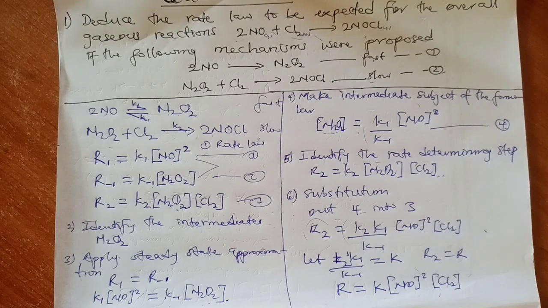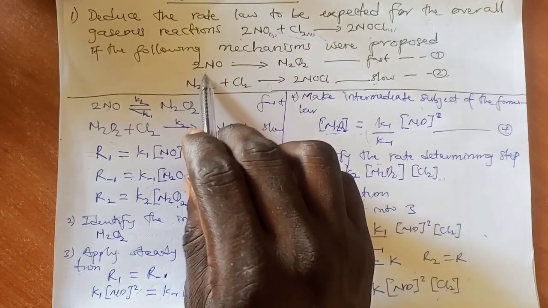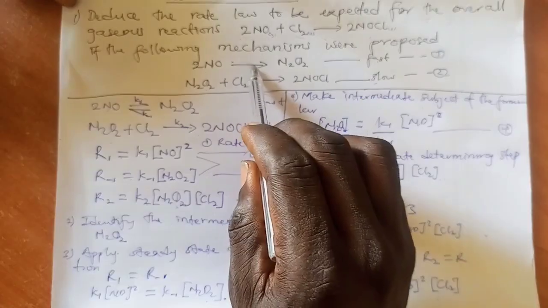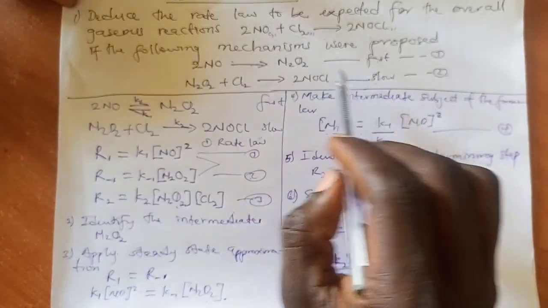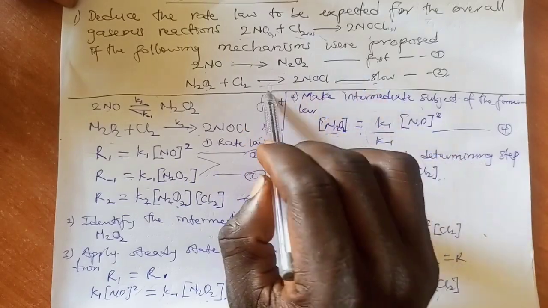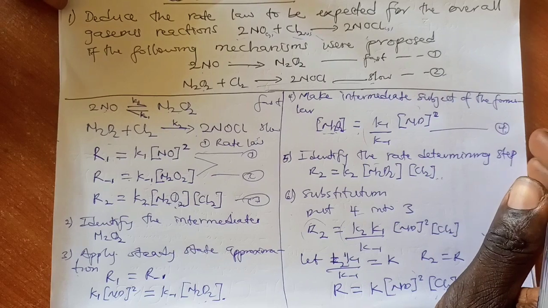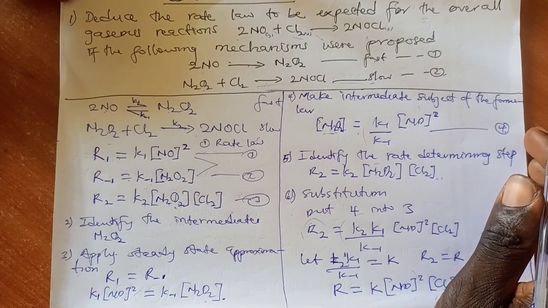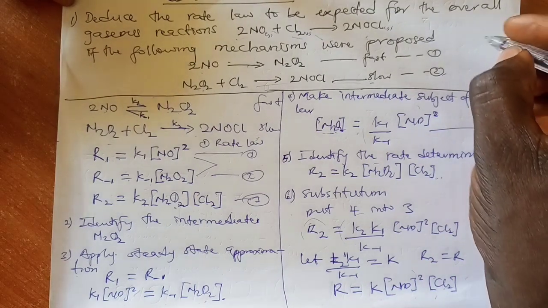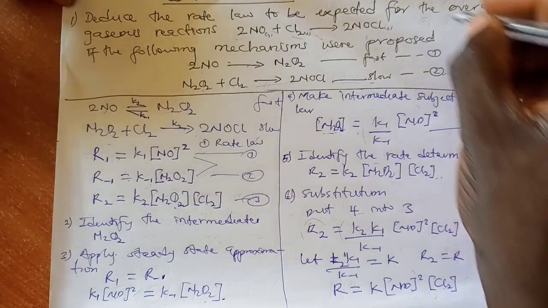But how do you get the plausible net reaction? How to get that is to add all the elementary steps together. This is the first mechanism, this is the second mechanism, or the first step, the second step. When you add them together, then cancel the identical species. I have treated this in my last video.